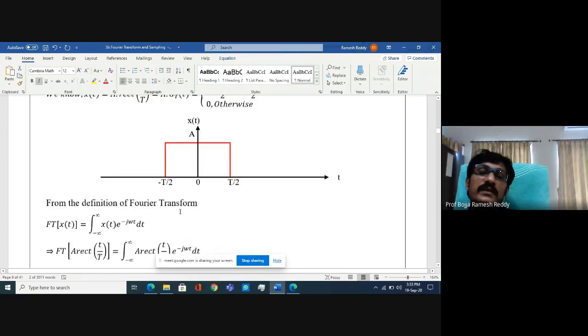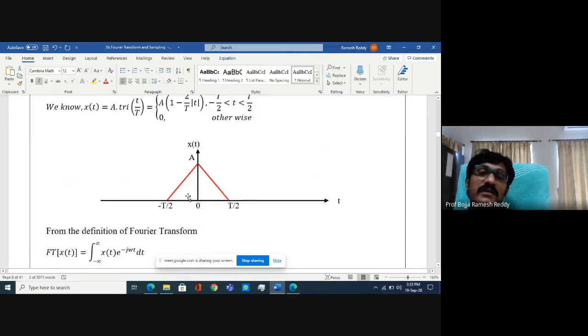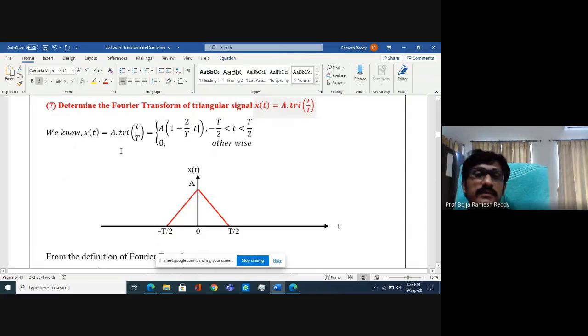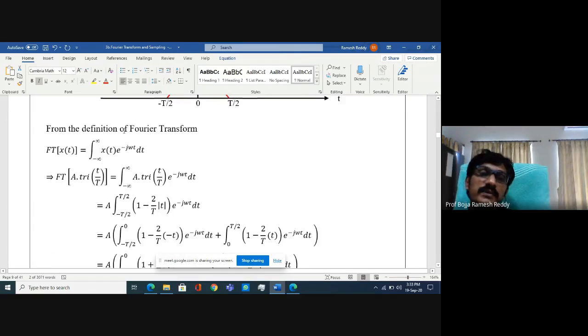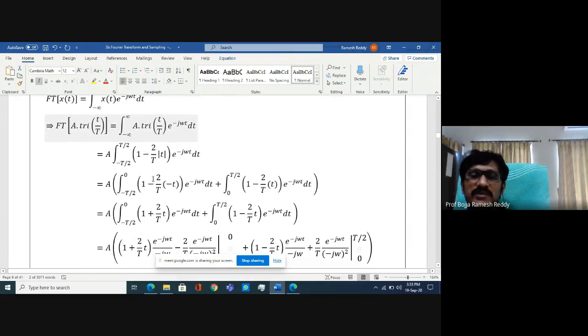Integration of a rectangular signal is a triangular signal, or differentiation of a triangular signal is nothing but a rectangular signal. This is the triangular representation: A triangle(t by T), with amplitude A times (1 minus 2|t| by T) between minus T by 2 and plus T by 2, and 0 elsewhere. This derivation is not required actually. This is just a procedure.